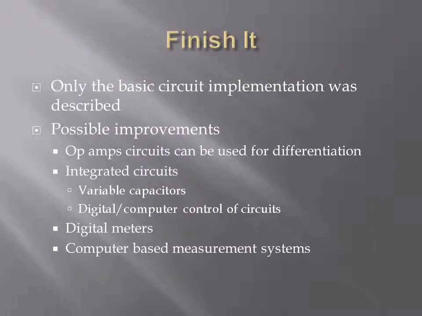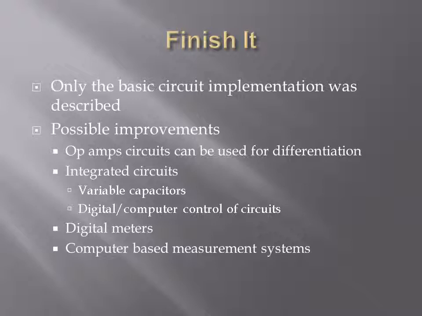In the previous lessons, only the basic circuit implementation was described in the diagrams that I showed you. That basic circuit implementation can be improved by the following means. We can apply op-amp circuits, and these op-amp circuits can be used to build what are called differentiators that can differentiate our output signal for us and give us the derivative values that we are seeking in analog fashion.